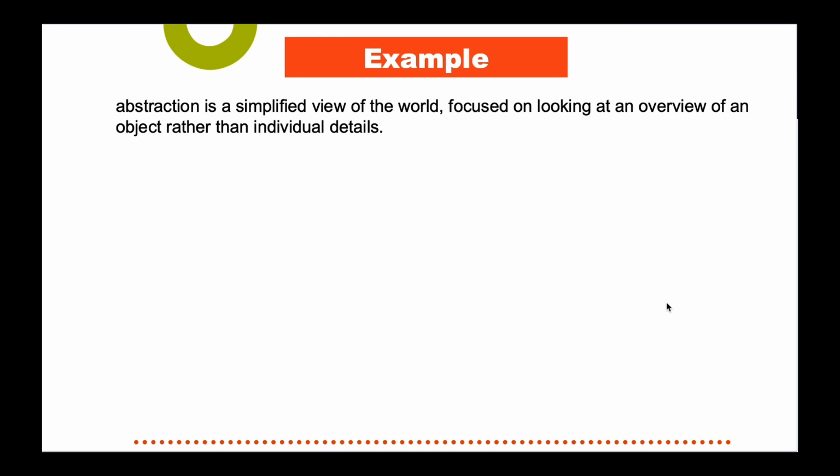Let's take the whole world for instance, the simplified view of the world. When you take the picture of the world or the globe, you see that it is spherical, it is round. Okay, so that is abstraction for you.